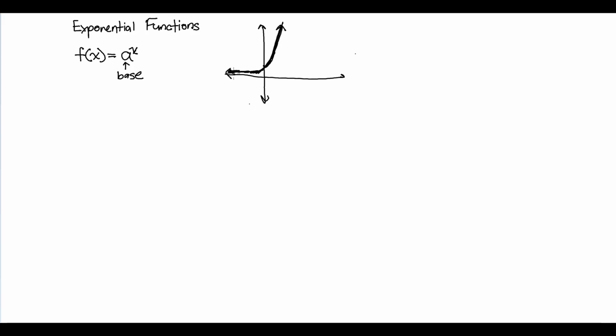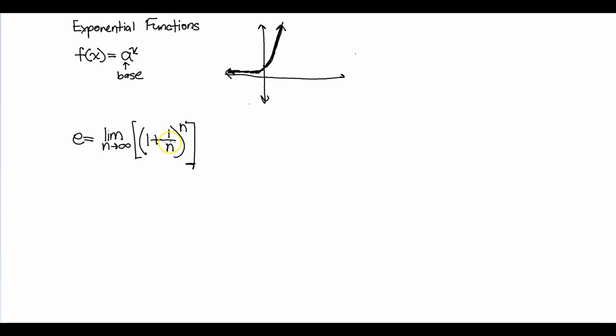But there is one number for the base that is really interesting and important to keep in mind when talking about exponential functions. That is the number e. Again, this should be a callback to algebra or pre-calculus class, that e can be defined as the limit as n approaches infinity of the expression 1 plus 1 over n to the nth power.